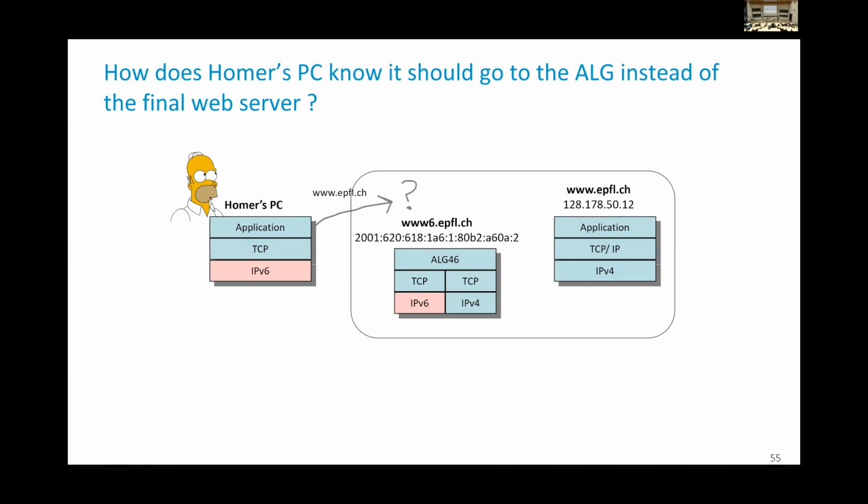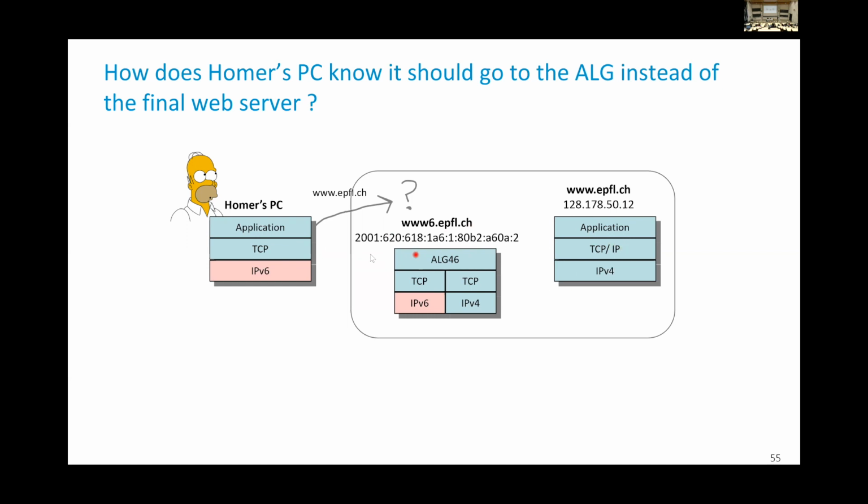For example, for many years, EPFL was running, before it moved all its services to Cloudflare, it was running on its own servers, and the servers were, of course, IPv4 only, because who would move everything to IPv6? So it was running on IPv4 only, but it was reachable over IPv6 by using an application layer gateway.